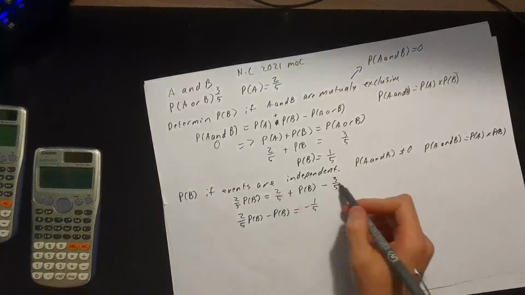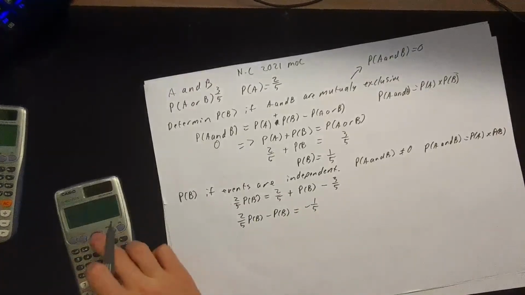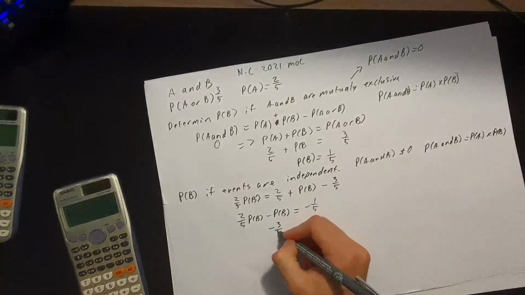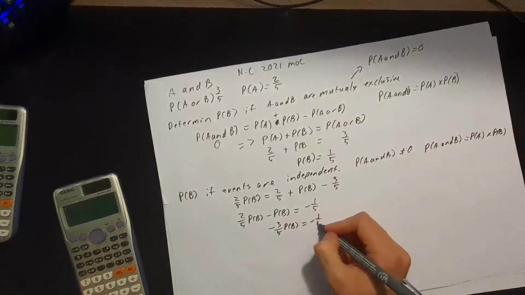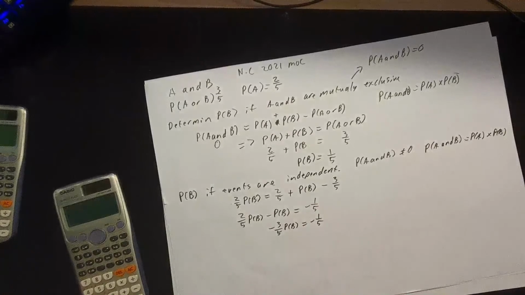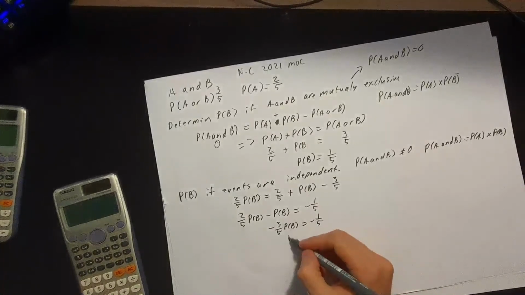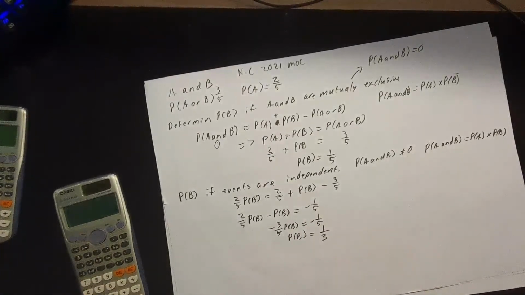So 2 over 5 minus 1 gives you negative 3 over 5. P of B equals negative 1 over 5. If we then solve that, that's going to go up, that's going to go down. So P of B equals 1 over 3. Okay.